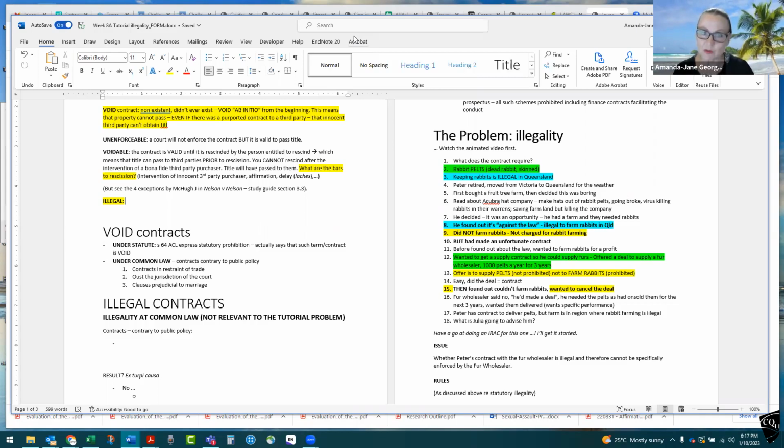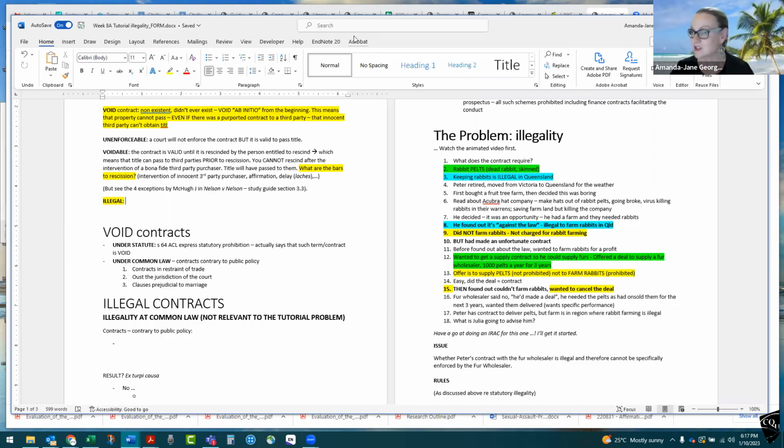We've got to be up to date with our legal technical terms. Ex turpi. Is it causa non orator actio? That's the full, yes. Most lawyers just call it ex turpi causa or ex turpi.